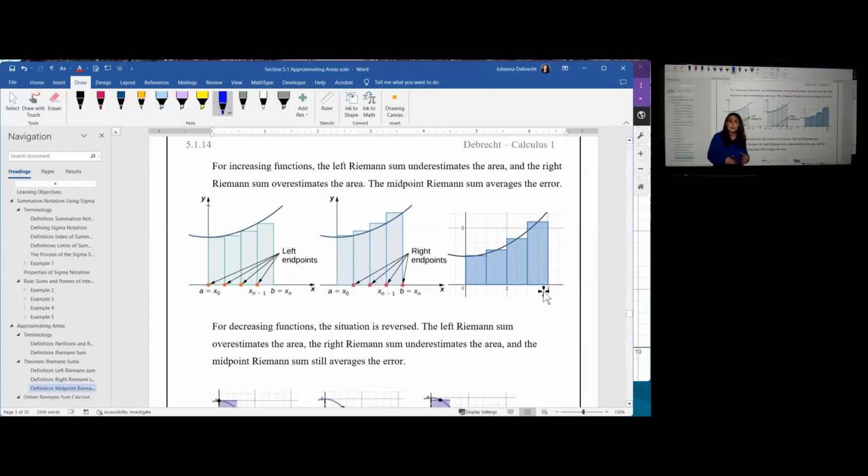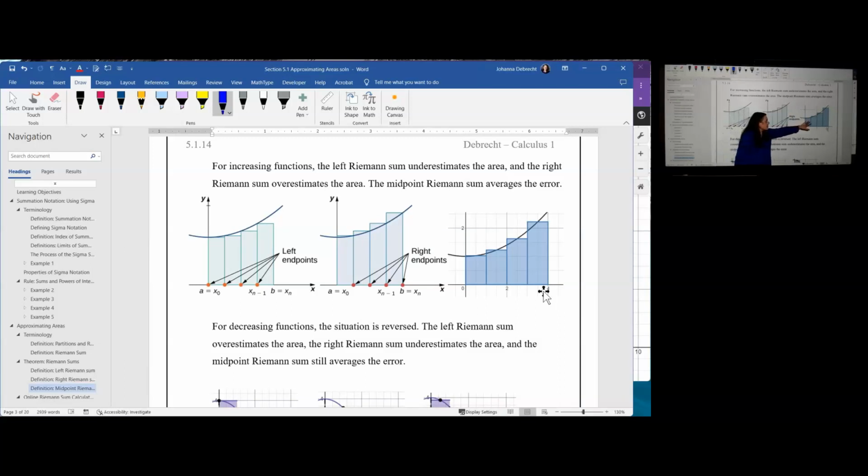Let's take a look at increasing and decreasing functions and see how that affects the error involved in our approximations. If the function is increasing from left to right, notice that the left Riemann sum is an underestimation since it's leaving out part of the area under the curve. The right endpoint approximation, the right Riemann sum, is overestimating the area because it's including some area that is actually above the function.